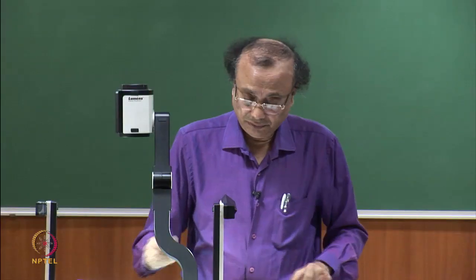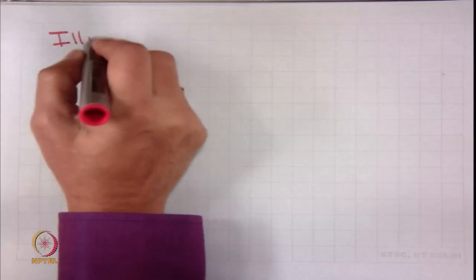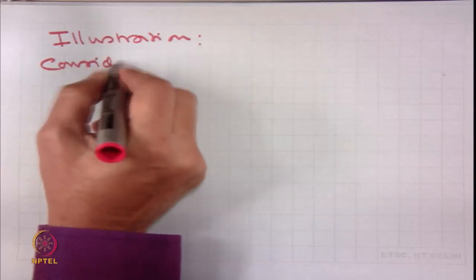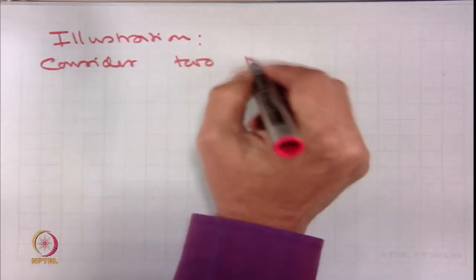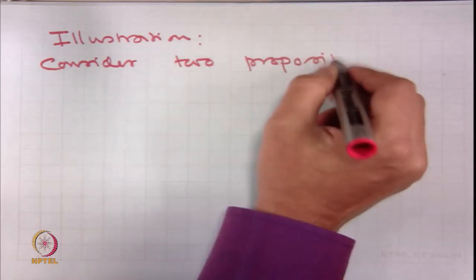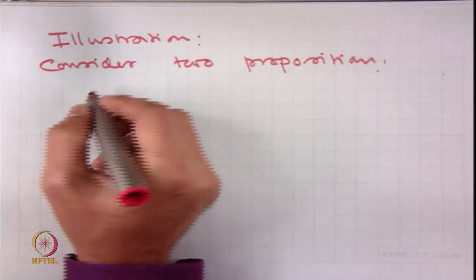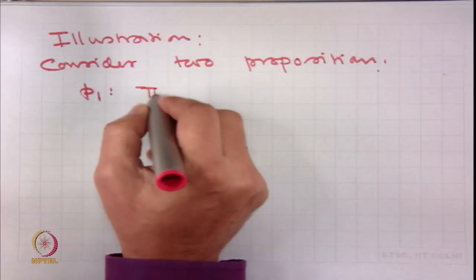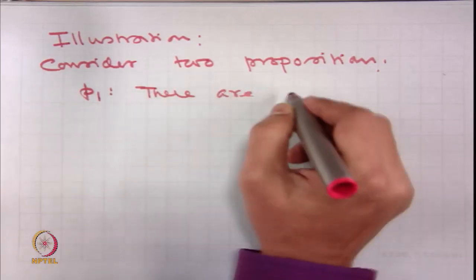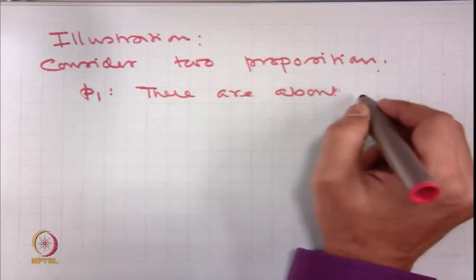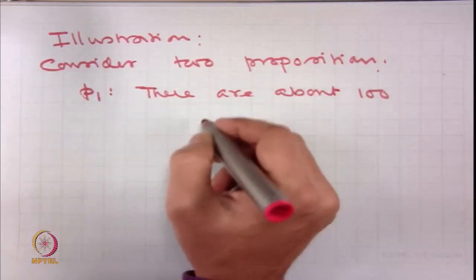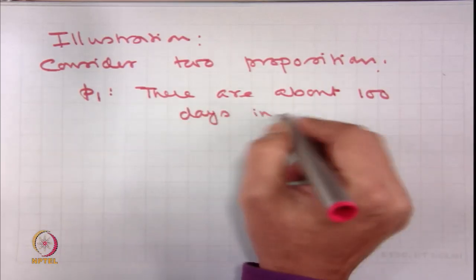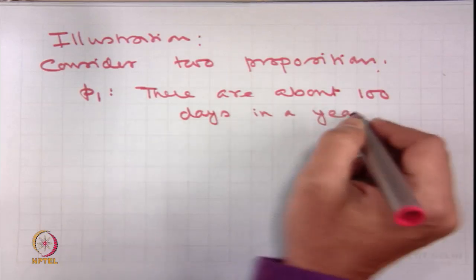For illustration, consider these two propositions. P1: There are about 100 days in a year when it rains.